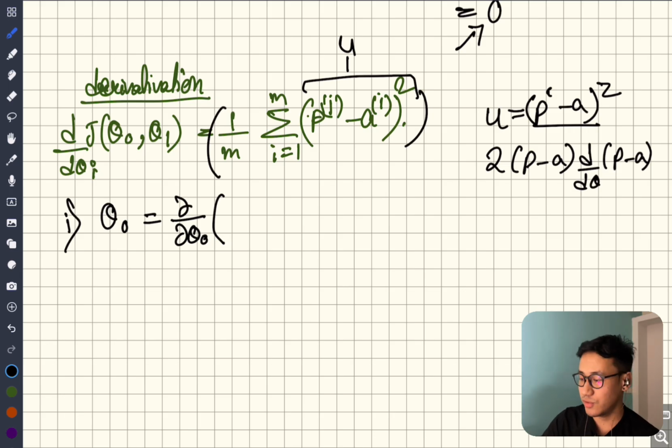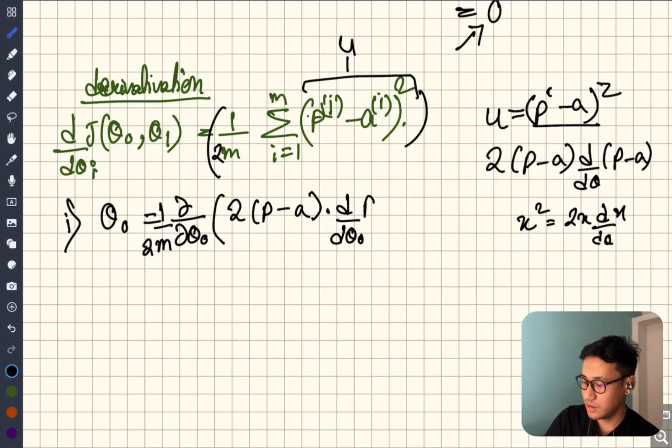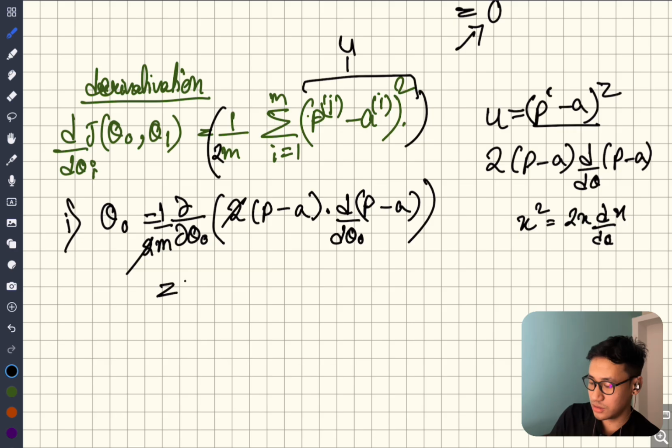This is a simple formula, like x square becomes 2x dx of d theta. Likewise, we take the 2, here it becomes 1 by 2m outside, d of d theta naught, 2 of prediction minus actual, and then d theta naught of prediction minus actual. If you do this, the 2 cancels out with the 2 in 1 by 2m, leaving 1 by m, and p minus a comes outside.